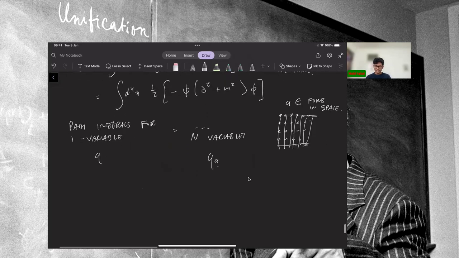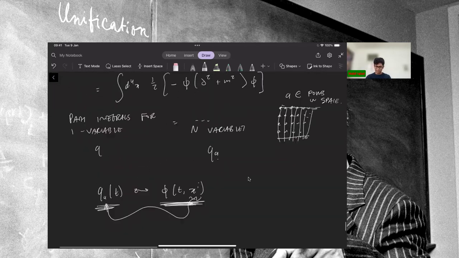So now this is looking a lot like a field, right? I mean, you have Q_A of t, but A runs over the points in space. So this is basically the same information as a field, phi(t, x_i), where the point x_i we're talking about is given to us by which A we pick. So the information of the field is really very similar to that of the quantum mechanical particle.